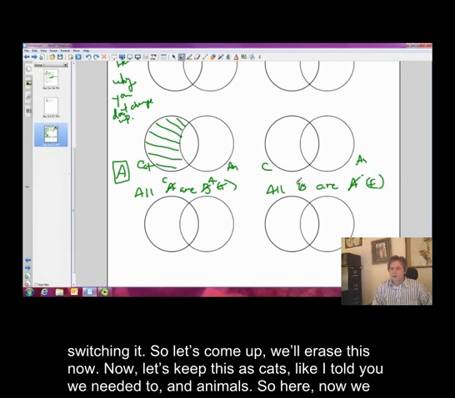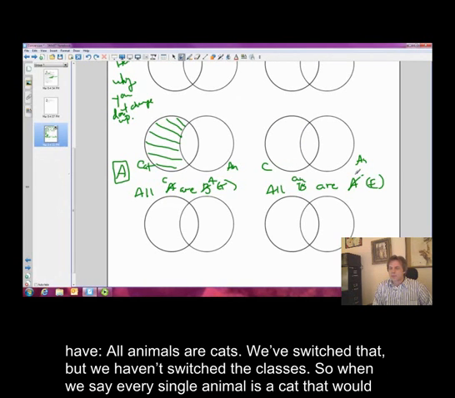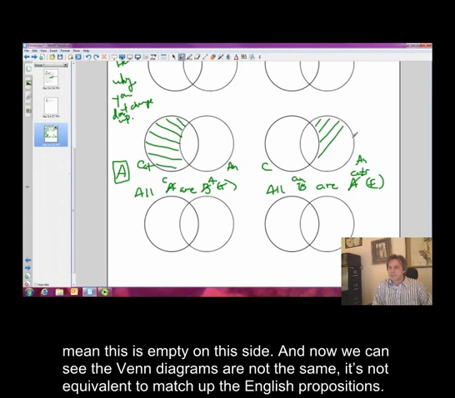So here, now we have all animals are cats, right? We've switched that, but we haven't switched the classes. So when we say every single animal is a cat, that would mean this is empty on this side. And now we can see the Venn diagrams are not the same.